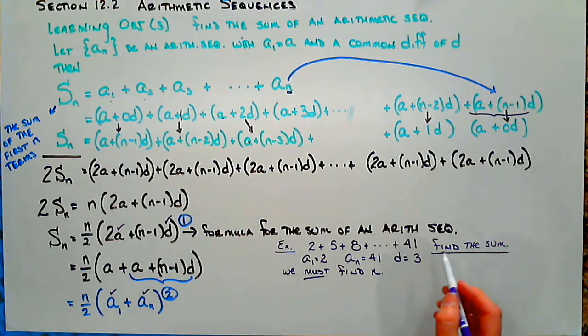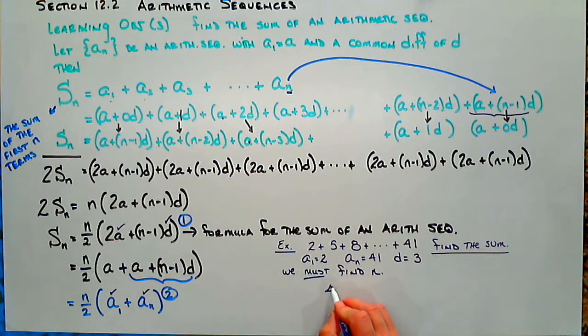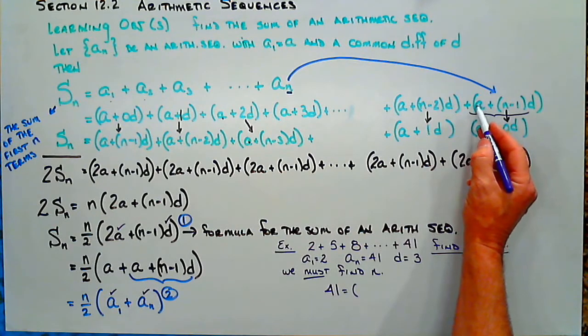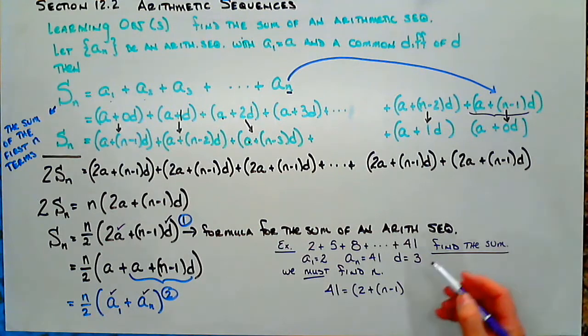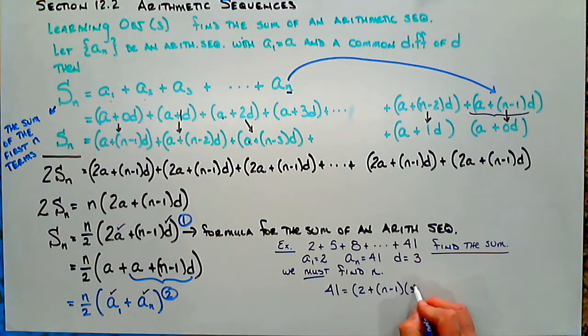We know that our last term is 41. We know our last term is a, 2, plus n minus 1. We don't know n, so we don't know what that is. N minus 1 times d, and we know d is 3. And we can solve this, right?